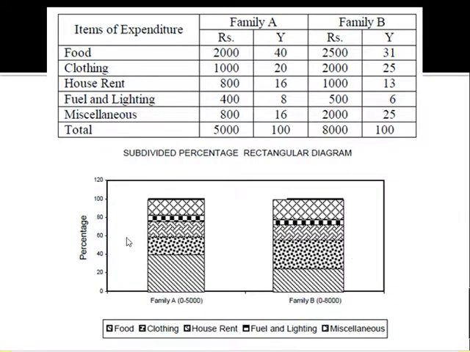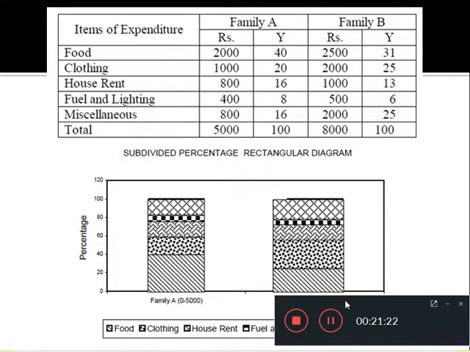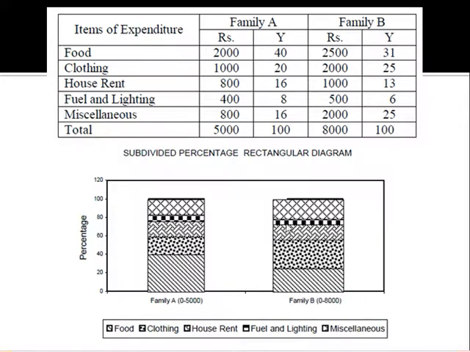So here two dimensions are coming into play. The heights are the same because it's a percentage bar diagram, so the upper limit is always 100. The height will be the same, but the width is different.